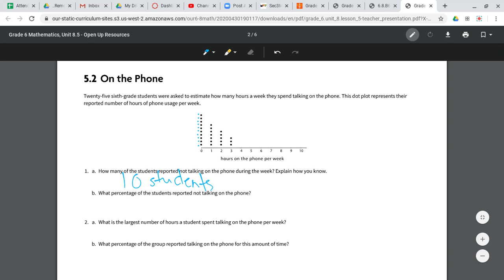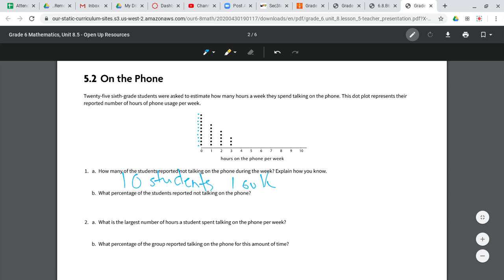Having the title of ours say hours on the phone is a little misleading, since they're talking more specifically about talking on the phone. So 10 students did not talk on the phone during the week. And how can we tell this? Well, we look at the dot plot.